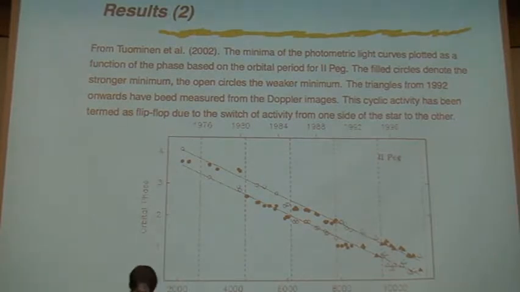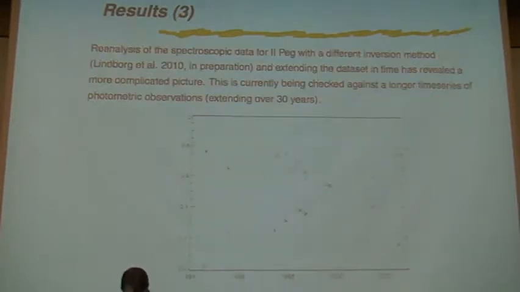But of course the magnetic configuration of the star is totally different. However, now Mariana is involved in doing a reanalysis of this same star with the same observations, and it seems that it's not so clear any longer what happens.